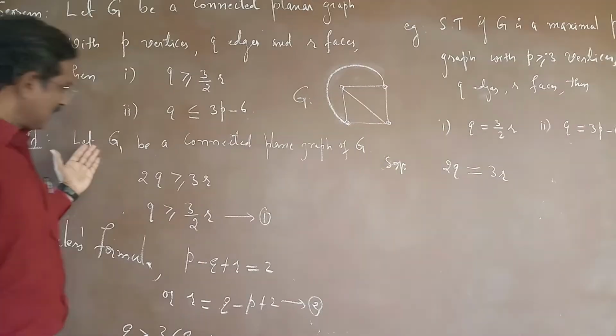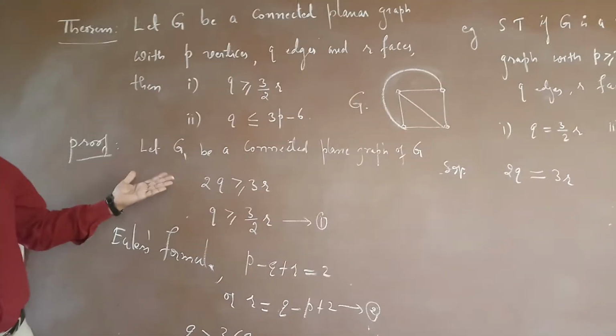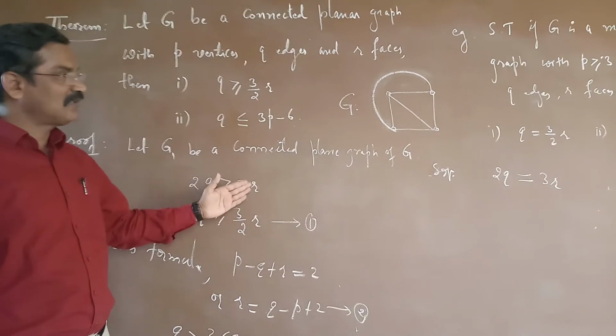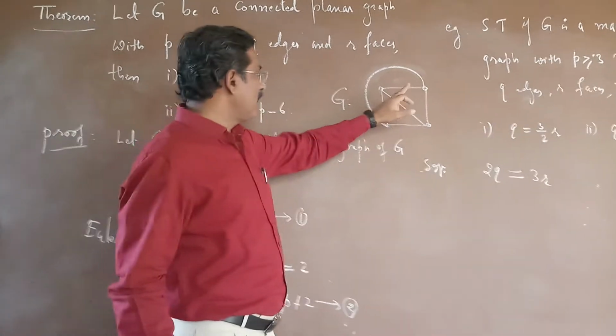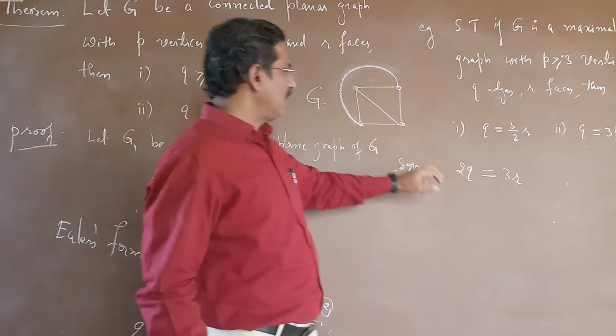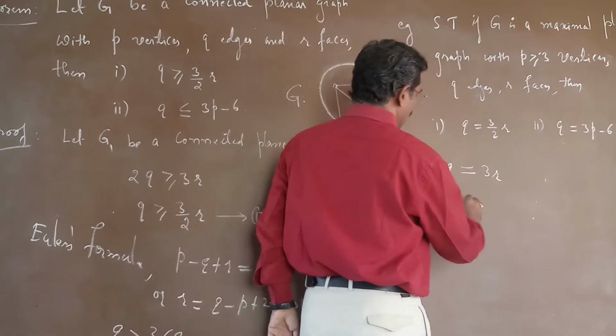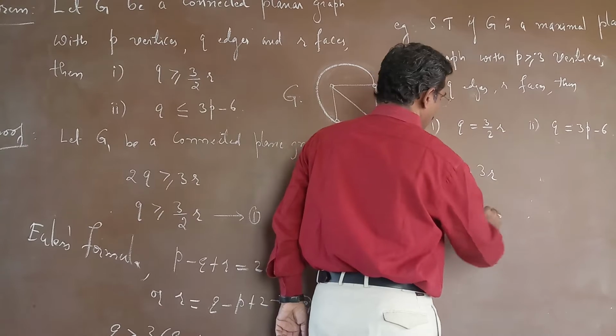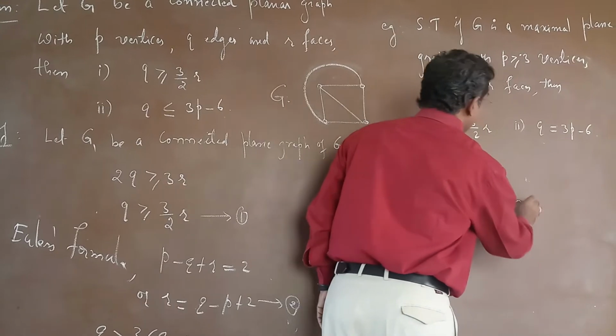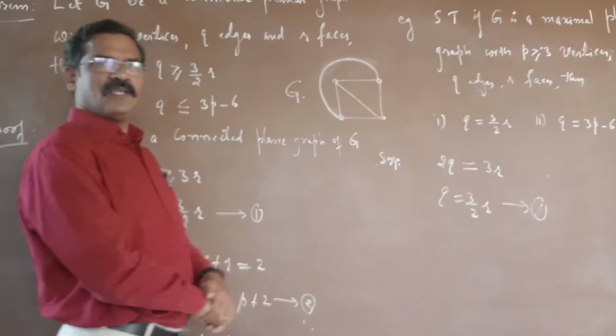In the previous result, when it was just a planar graph, 2Q was greater than or equal to 3R. But here every face is a triangle. For that reason 2Q equals 3R, which implies Q is equal to 3 by 2 R. Very easily we got the first result.